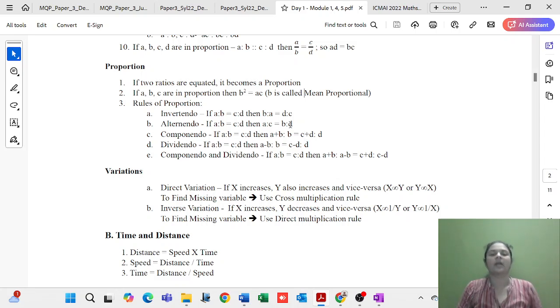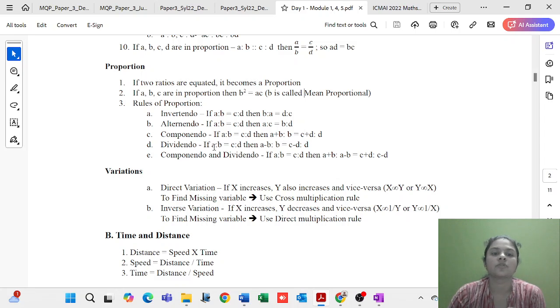Next, componendo. Componendo means combining or adding. So A is to B is equal to C is to D. Now, A plus B by B will be equal to C plus D by D. And dividendo is dividing or subtracting.